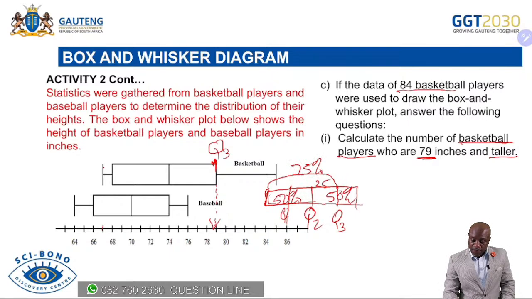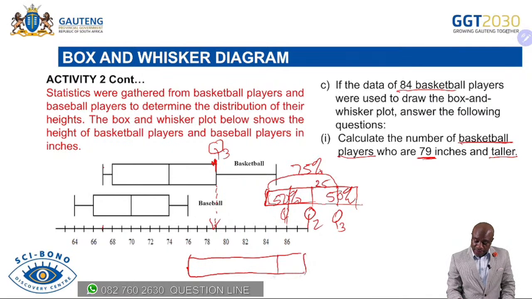That means 50, 50, 25, 25, 25. And therefore, your Q3 stands at 75%. So 75% is below your Q3 and 25% is above.